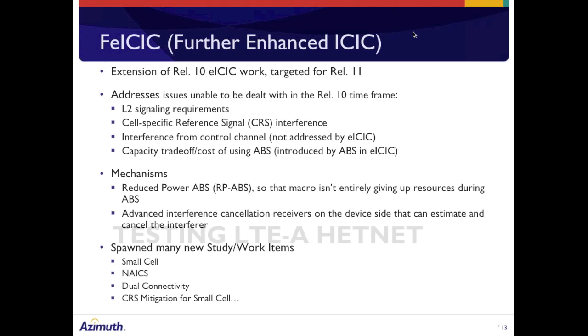There was a lot of discussion about reduced power ABSs. So it's not completely blank, but they're transmitting simply at a lower power level. Again, the magic here is that we're transmitting in a regime where there's always interference. We can never simply get white noise as our degradation.